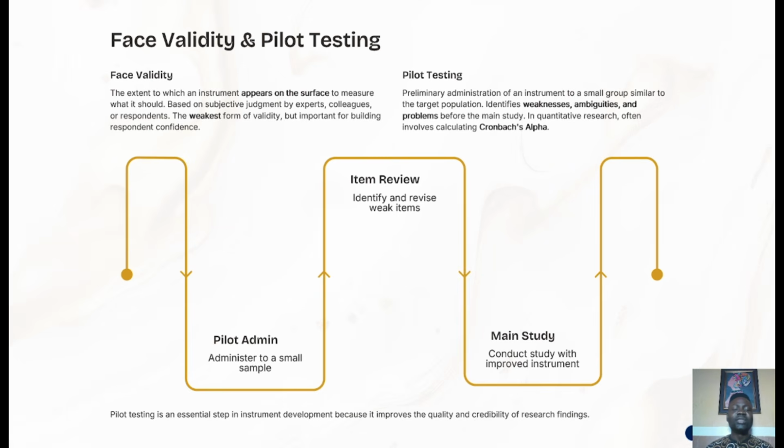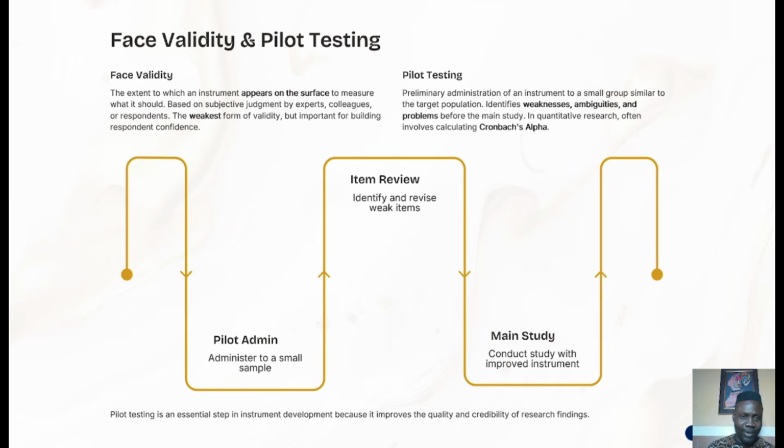Sometimes you can use it even on respondents and see. It is the weakest form of validity, but important for building respondent confidence. You know, after that, we can now go to do a pilot administration.